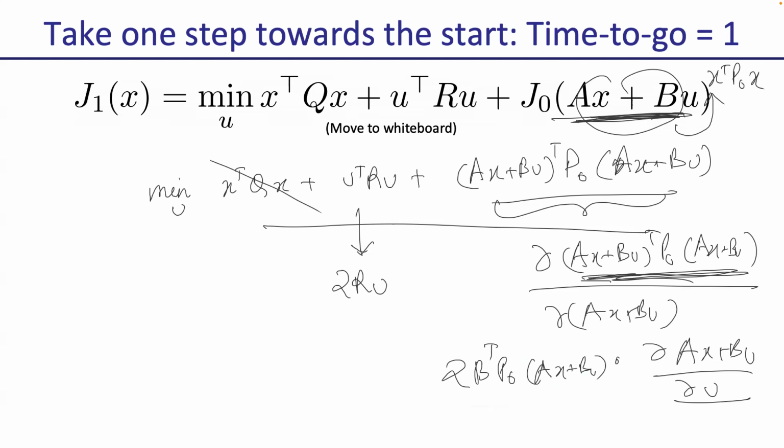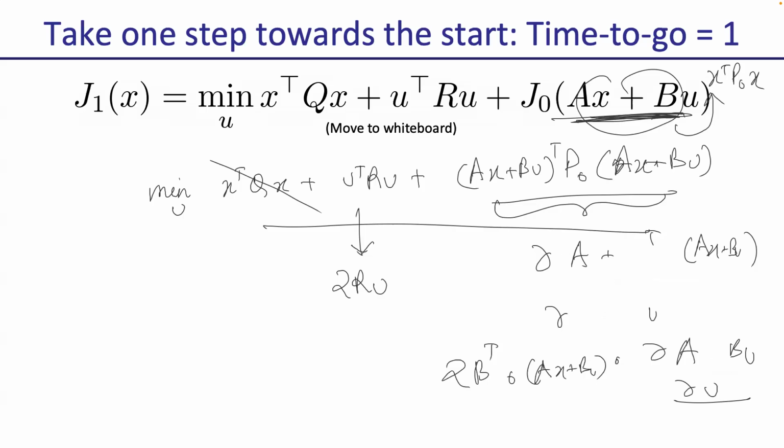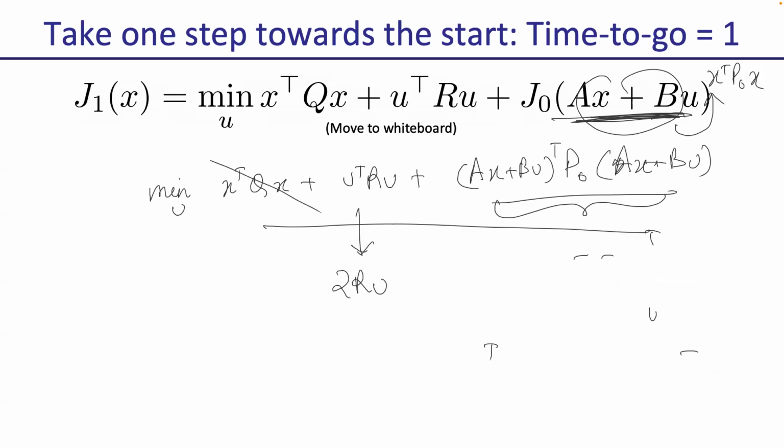Whenever you have scary terms like this, just do a change of variable and convert it with the chain rule. So what we're going to simplify to is 2RU plus 2B transpose P naught (AX plus BU), equal to 0.